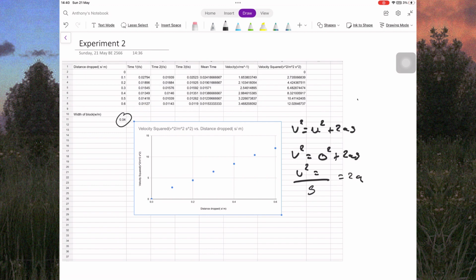This is what we have in our graph down below, where I got the y-axis as velocity squared and the x-axis as distance dropped. And you should get a linear line, and that will give you 2a. And in order to find the acceleration, you find the gradient of the line by taking 2 points, and then dividing that by 2, and that should give you the acceleration.